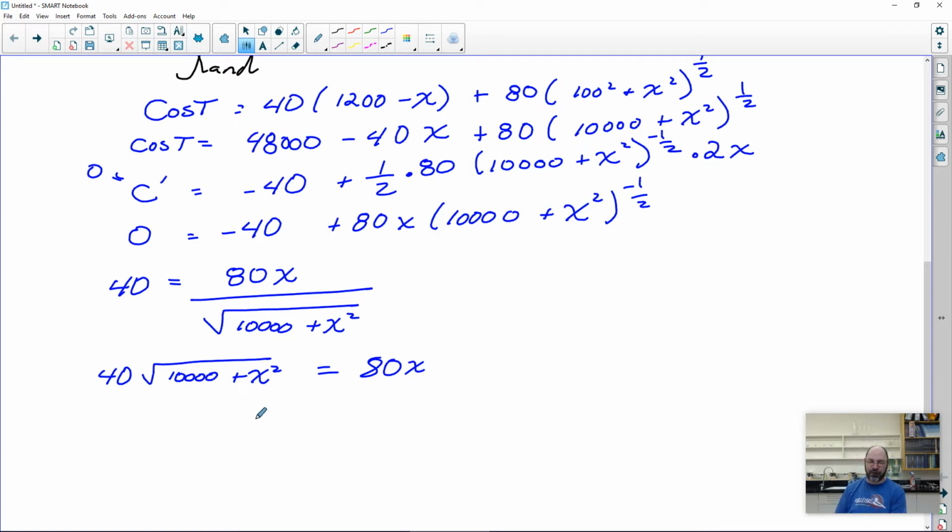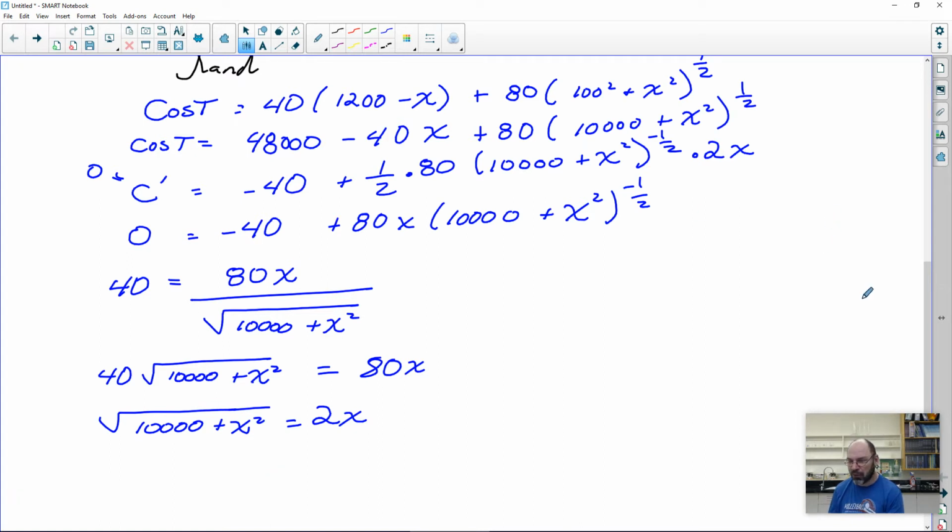Okay, so now we have to solve for the x somehow. How do we do this? Well, let's take the 40 and divide it out on both sides. So we have the square root of 10,000 plus x squared equals 2x. Okay, once we've got to that point, how do I get this now?